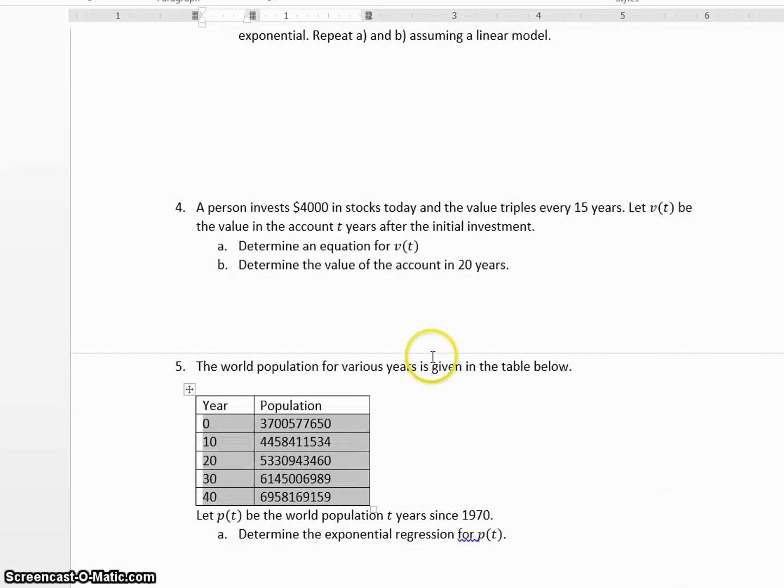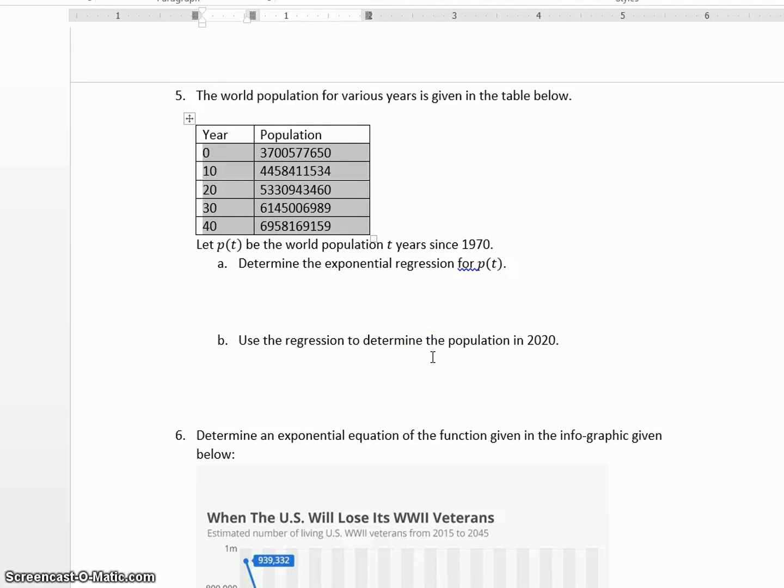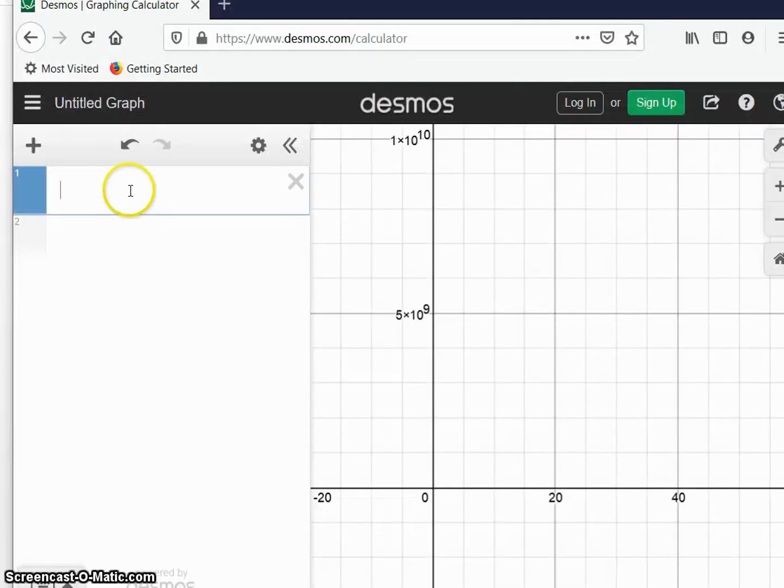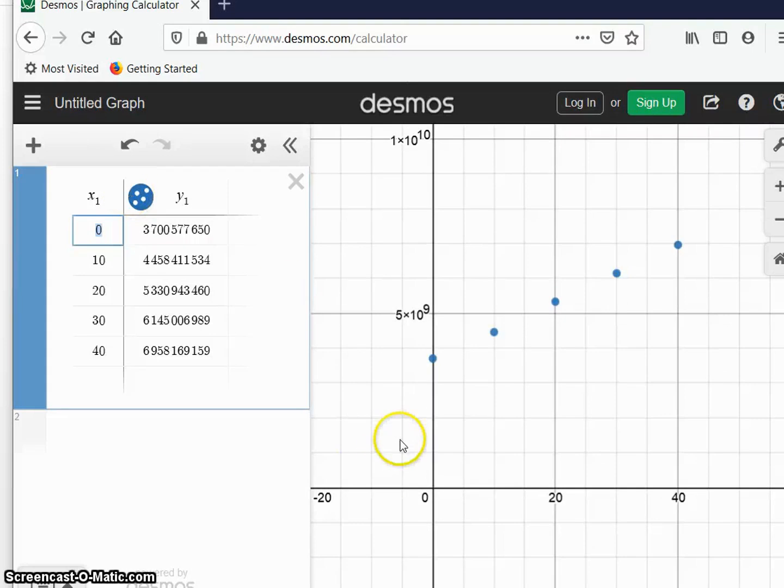And then I'm going to cheat a little bit just to save time. I redid the table. T starts at 0 years because that's 1970, 10 years, 20 years, and so on and so forth. So I copy this and dump it into Desmos, and it will rescale for me and everything. Have a nice graph. There it is.